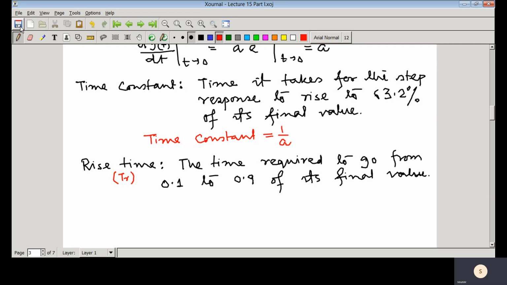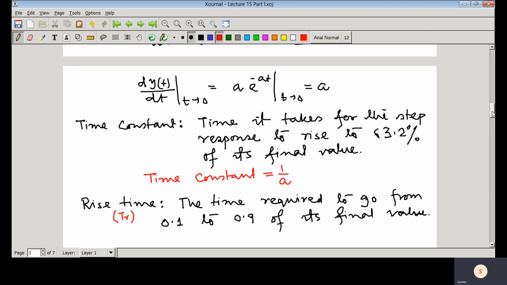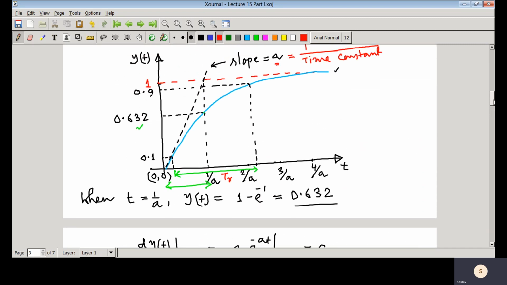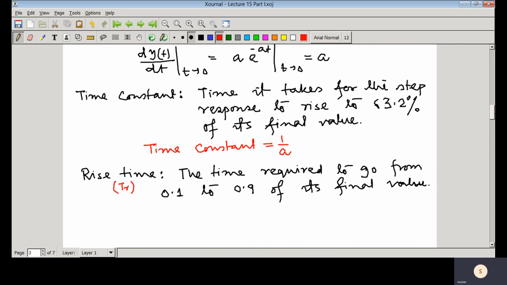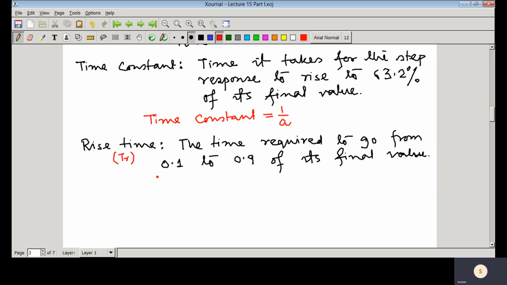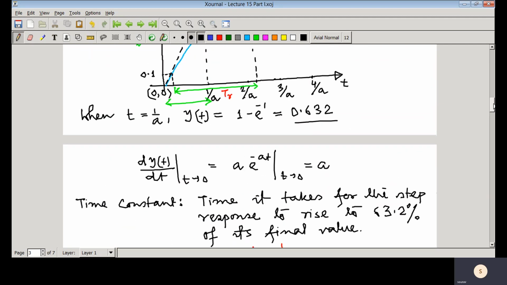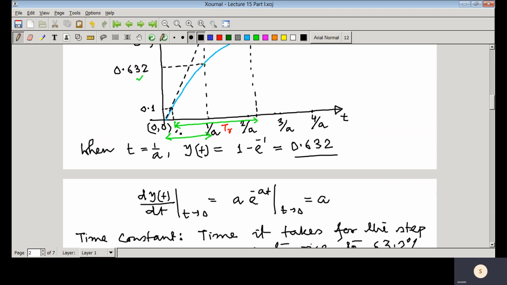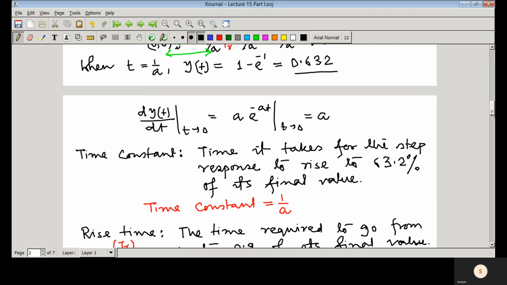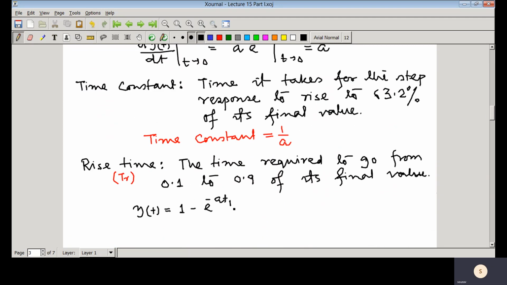And we can easily calculate what would be the rise time in this case, because we know that y(t) equals 1 minus e to the power minus at. Here, if we say that this time is t1, then this one would be 0.1.